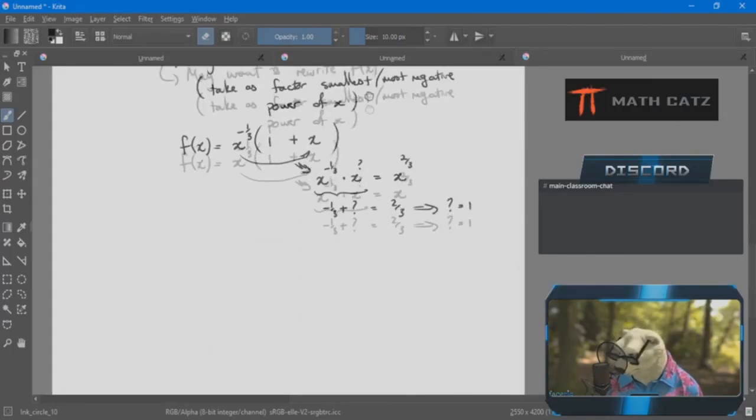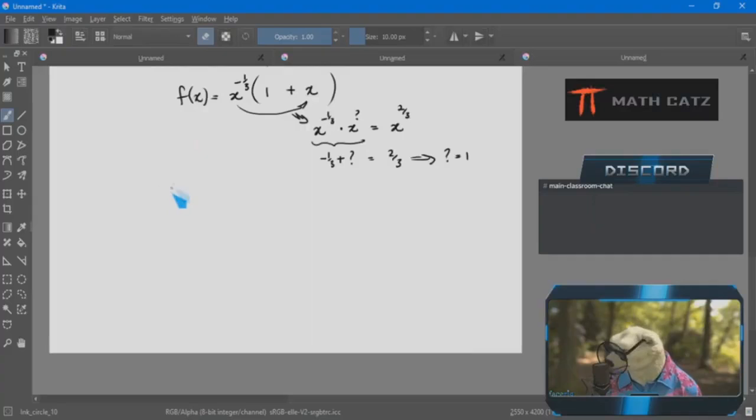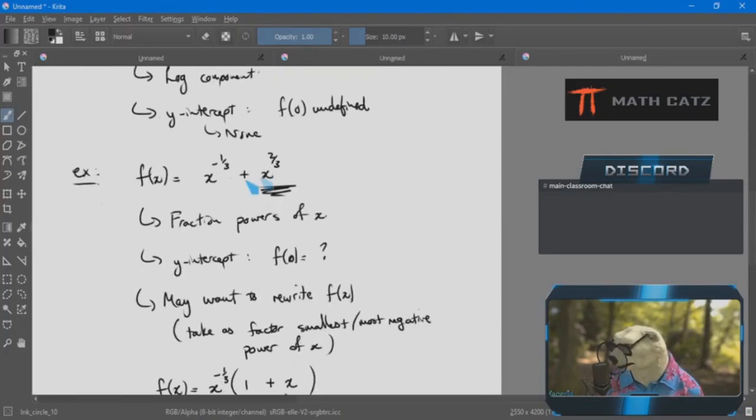Why? Because now, oops, I'm in eraser mode here. Now, I can see that actually this function does have a denominator. It wasn't obvious originally at all that this is actually fairly close to a rational function.